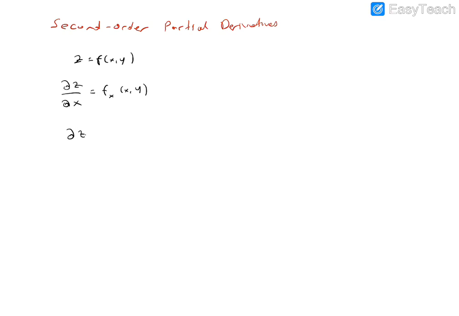Then you can calculate the derivative of this function with respect to x again. So this is a second order partial derivative. We denote it by d square z over dx square, or some books write it as d f over dx. This is also correct, so it can be denoted by this one too.